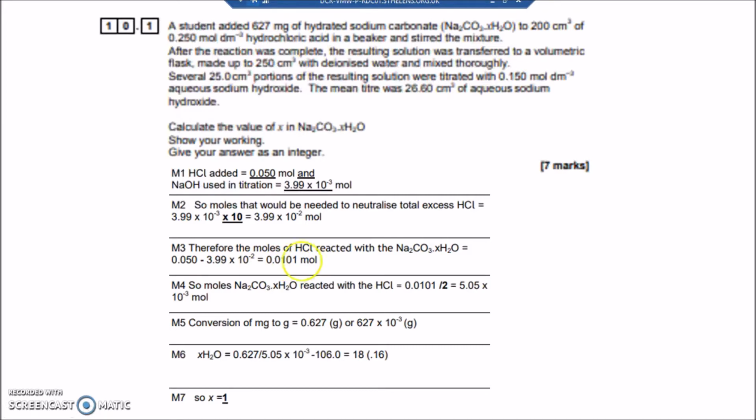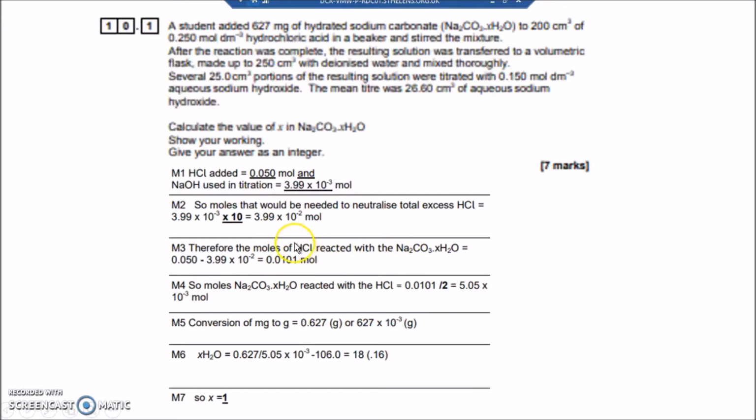So surely now I can use the 0.101 moles of hydrochloric acid that's reacted with the sodium carbonate to work out the number of moles of sodium carbonate. If 1 mole of hydrochloric acid reacted with 1 mole of sodium carbonate, 1:1, the amount of sodium carbonate would equal the amount of acid that's reacted.